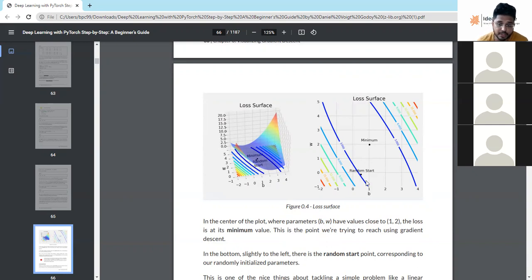But when we go for an equation, instead of a linear equation, say a polynomial or a quadratic equation, where the number of learnable parameters is more than 2, then how do I visualize the path from the random start point to the minimal point? And how do I calculate that path? So anybody can say how to calculate that path?